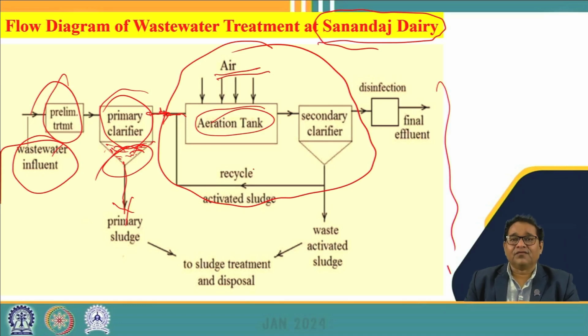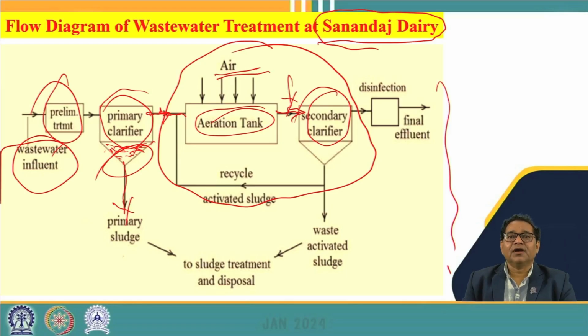Here the wastewater is kept for 4 to 6 hours, up to 10 hours depending upon HRT, and after getting aerated and undergoing aerobic decomposition, it goes to the next unit operation, the secondary clarifier. The effluent generated from the aeration tank, because this is a suspended growth process, will carry a lot of suspended biomass.